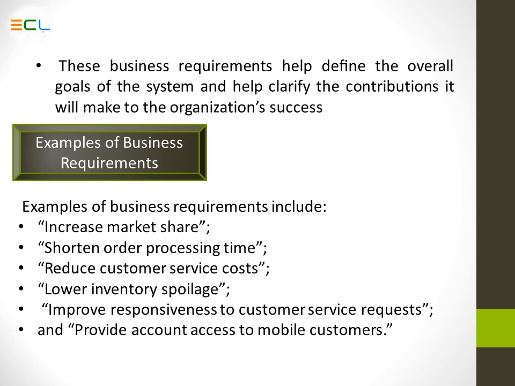Fifth, improve responsiveness to customer service requests. It means if any customer has some service request, then the admin should respond as quickly as possible so that they can solve the customer issues soon, and provide account access to those customers who use mobile phones.